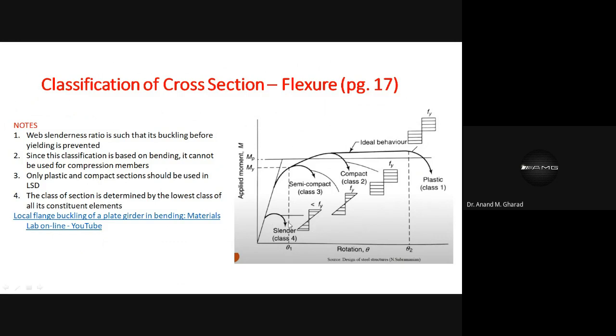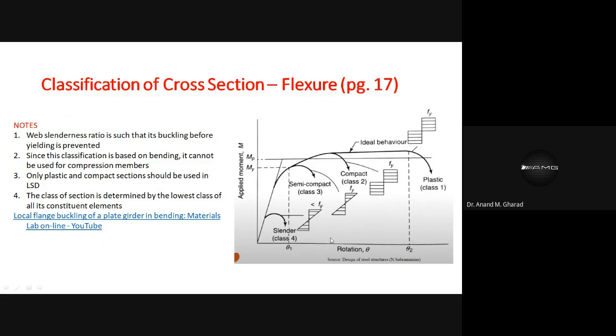And somewhere you will find the working stress method design revolves around this slender classification, which is actually not good, because in order to avoid the failure situation, we will try to design that member in such a way that it will become bulky.